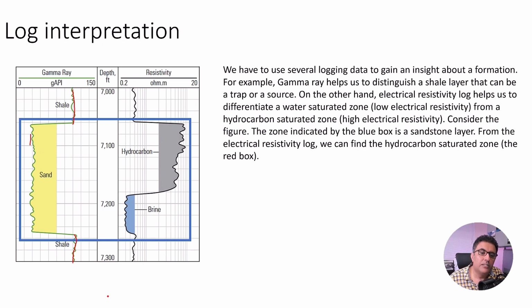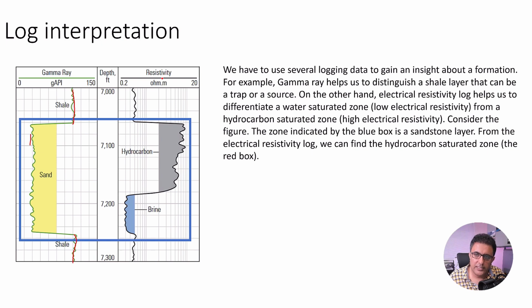For example, one of the well logging tools that we use is resistivity. We know that oil is not conductive. Okay. So as a result, on the other hand, brine, for example, is conductive. And we know that when we go deep, like 2 kilometers or 3 kilometers below the surface, the water in subsurface layers is brine and it's conductive.